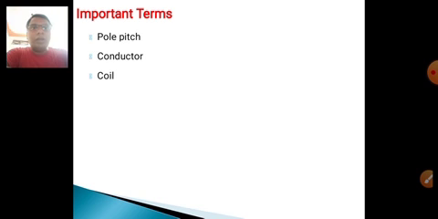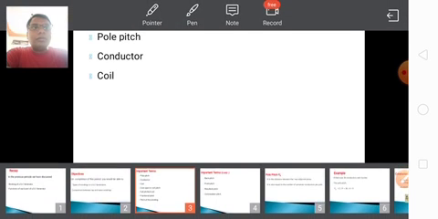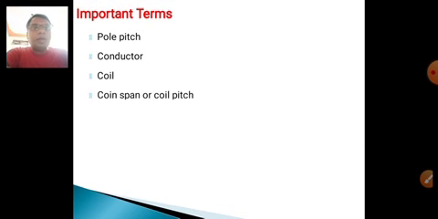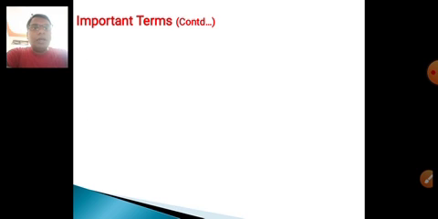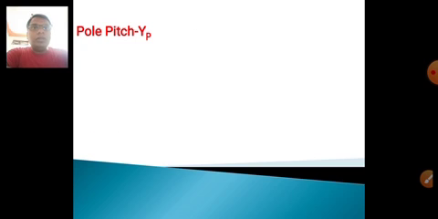Then coil span, coil pitch, full pitched coil, fractional pitch coil, pitch of the winding, back pitch, front pitch, resultant pitch, and commutator pitch. These are the important terms we use in these windings.